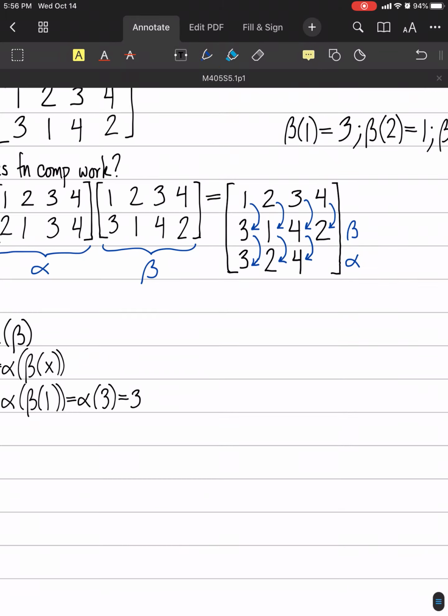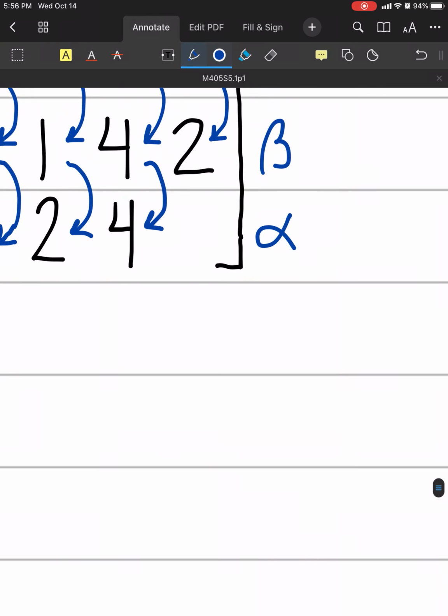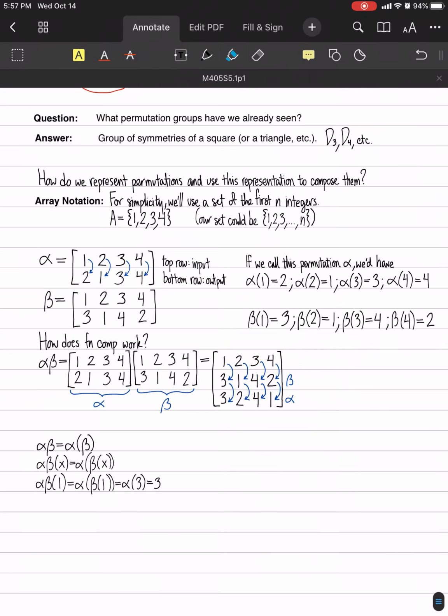And 2 in alpha goes to 1, so I should have a 1 here. So that is what we get.